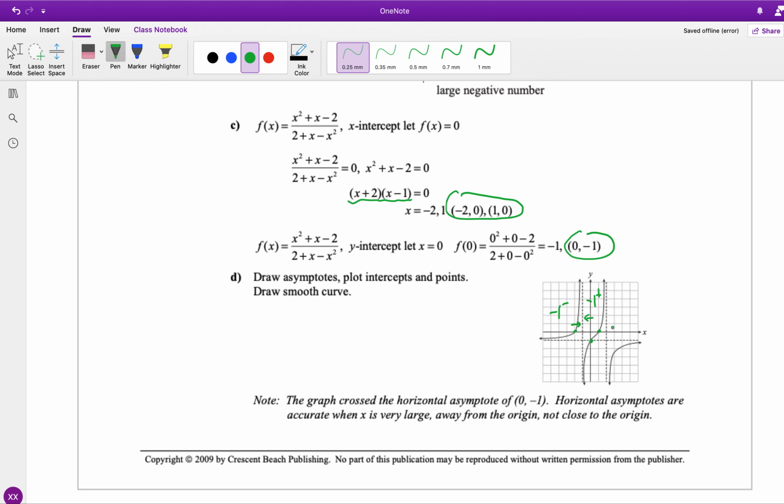Now for the line at 2, we want to see when the x value is approaching from either side. That means approaching 2 from the left-hand side or from the right-hand side: larger than 2, smaller than 2, larger than -1, smaller than -1.